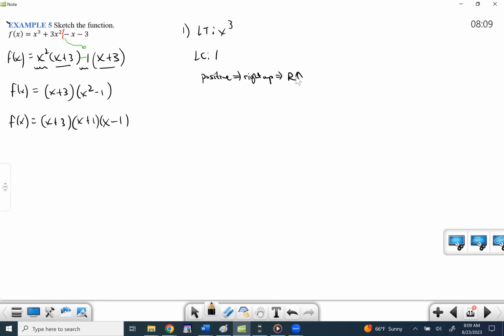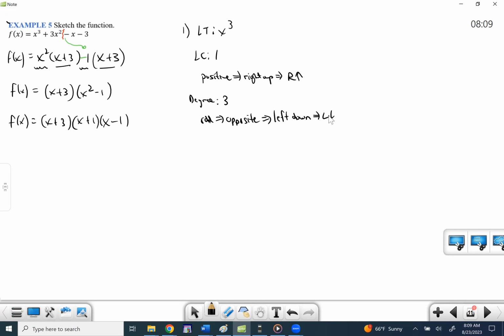So right up. Now the degree of this polynomial is a degree 3. So since that's odd, that implies that it's going to be the opposite of whatever the right was. So if the right went up, then the left will go down.